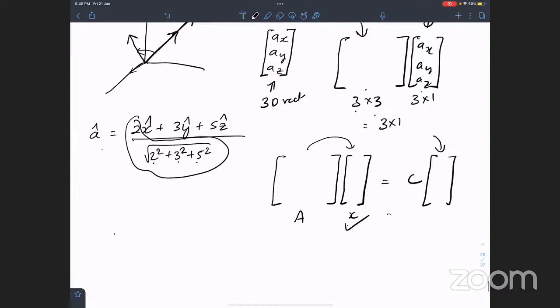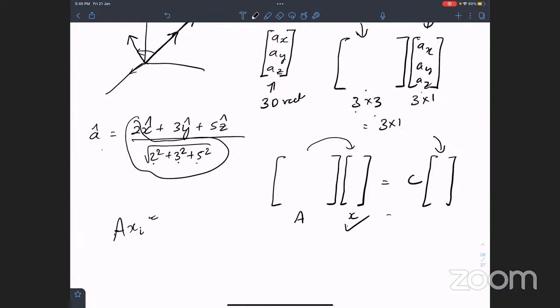Given any matrix, I'll have some particular vectors that, if I multiply A into x, I'm going to call these special ones x_i. It's not just any vector; it's only for the specific eigenvector that A x_i will result in some constant c_i multiplied by x_i.